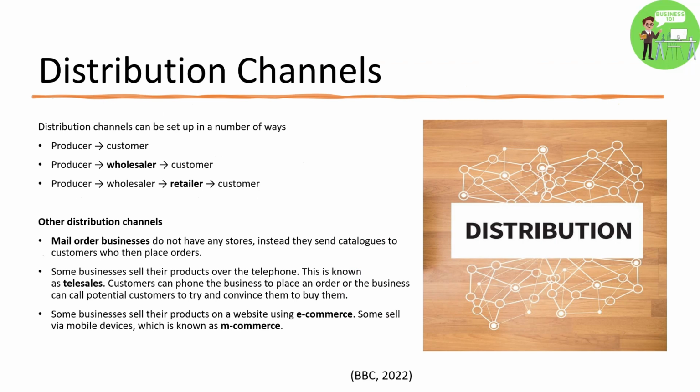Customers can phone the business to place an order, or the business can call potential customers to try and convince them to buy. Some businesses sell their products on a website using e-commerce. Some sell via mobile phones, which is known as m-commerce. E-commerce and m-commerce are exceedingly popular in the current times.